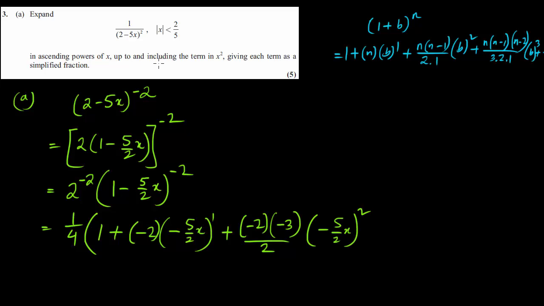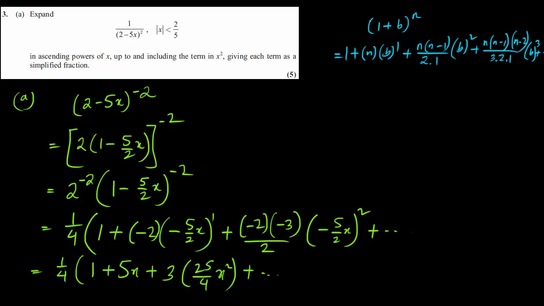Now we have to expand this up to x squared. So this is done. So we can simplify this as 1 by 4 times (1 plus 5x plus 6 by 2, which is 3, times 25 by 4 x squared plus dot dot dot).